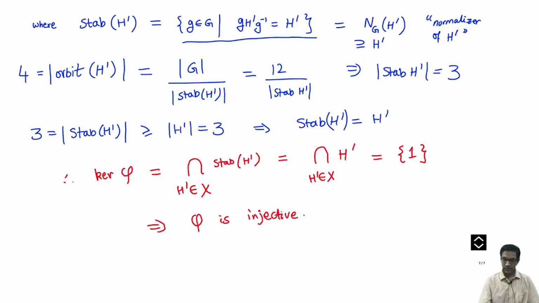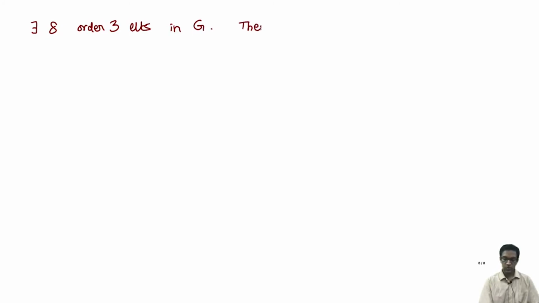So let's look at the images of these order 3 elements. So recall there are 8 order 3 elements, which are A square, B square, etc. in G. Observe that since phi is injective, their images under phi are also of order 3.